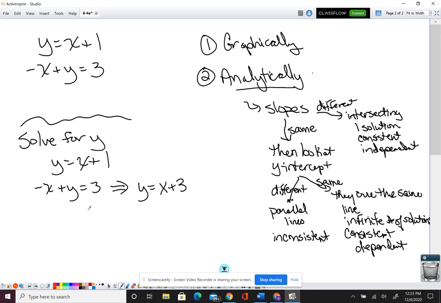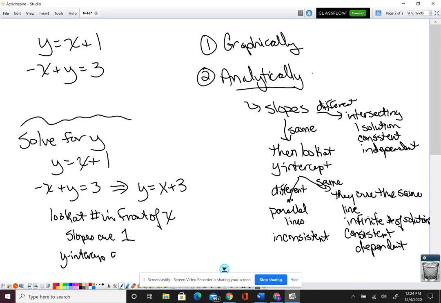So now the slopes, look at the number in front of the x. So in both cases, the slopes are 1 because it's 1x. The y-intercepts are 1 and 3. So this tells us parallel lines, no solutions, inconsistent.